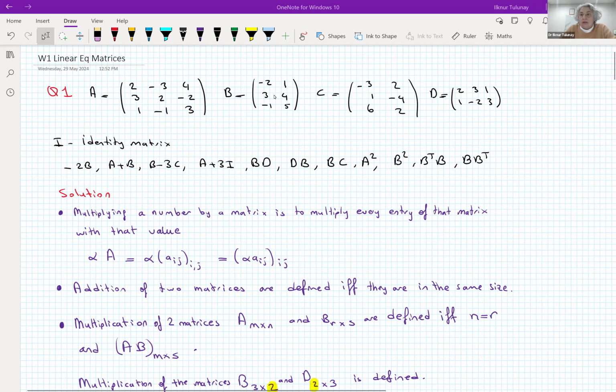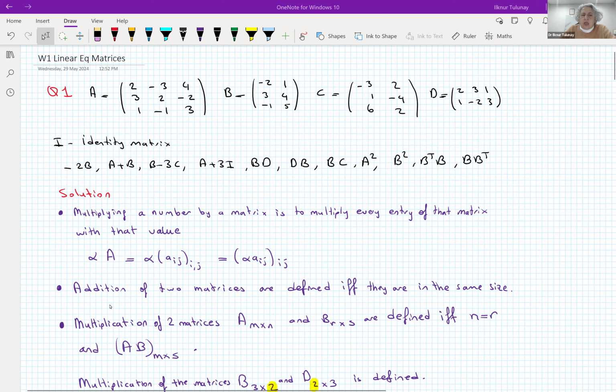It doesn't make sense. And B minus C, B and C are exactly the same size. There are three rows and 2 columns. C has 3 rows, 2 columns, so we can add them. And multiplying with any scalar makes perfect sense. So we can multiply every element here by minus 3. So it is possible to do that.